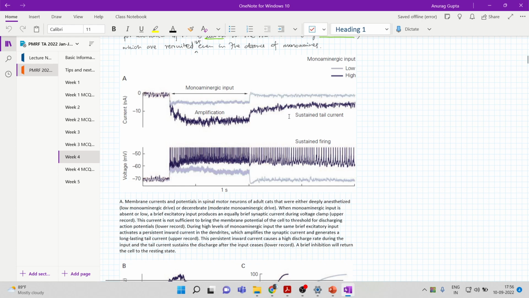It's still sustained here, so there's a sustained tail current, and that continues to lead to action potentials. But you can see that the rate of action potentials here is decreased. You can go through this in Candle and Shorts, and you can also read how the experiment was conducted.